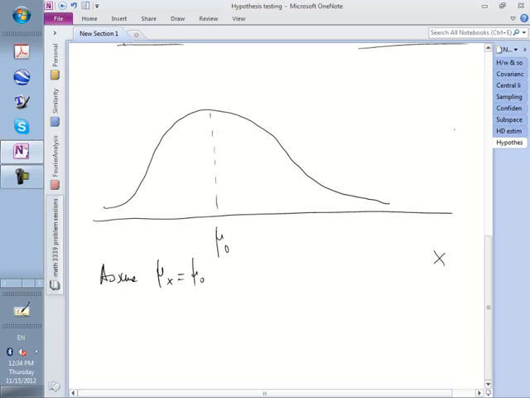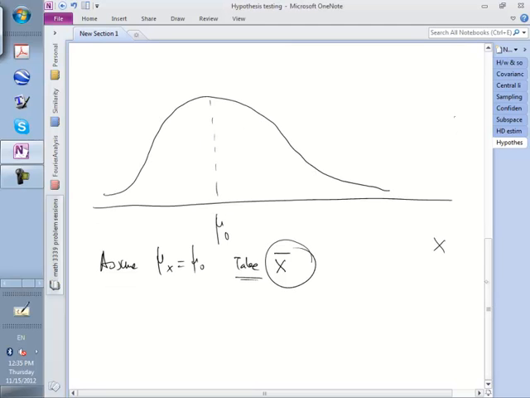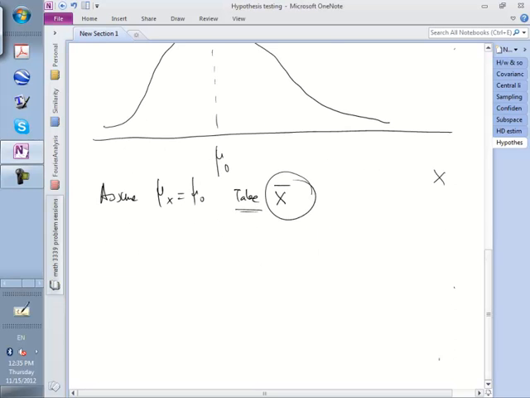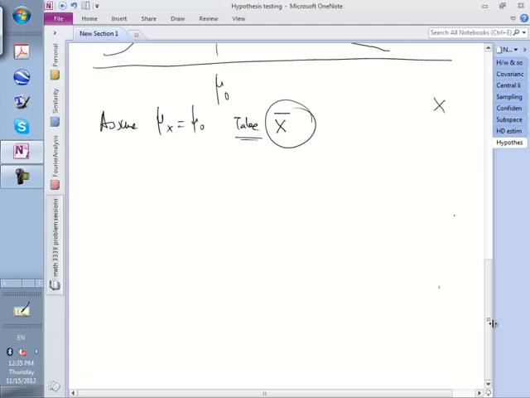What I would do is take x bar, which comes from the data, and try to see where x bar fits with respect to the assumption about the data. And that really puts you to another picture, because I need space here.